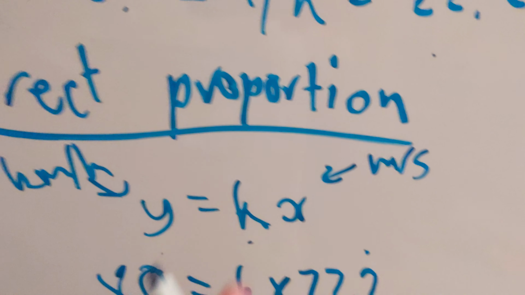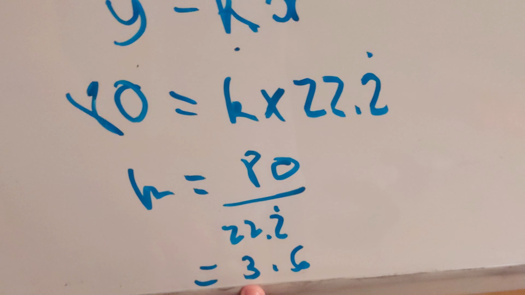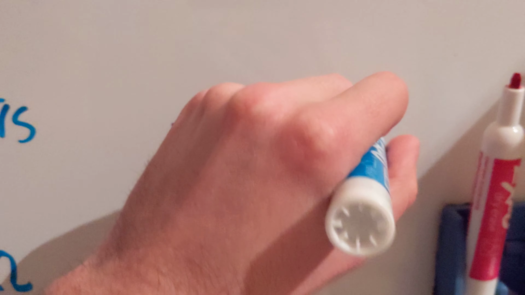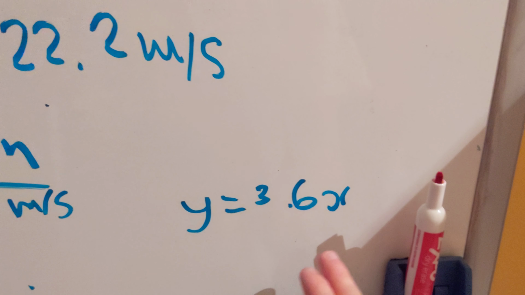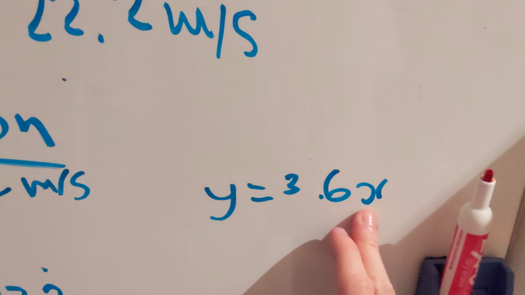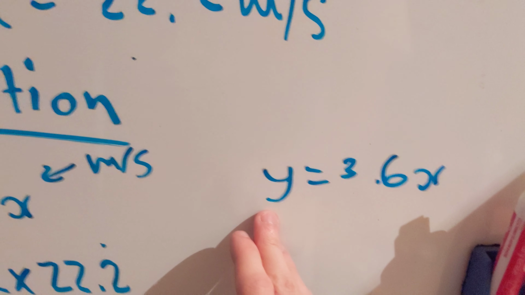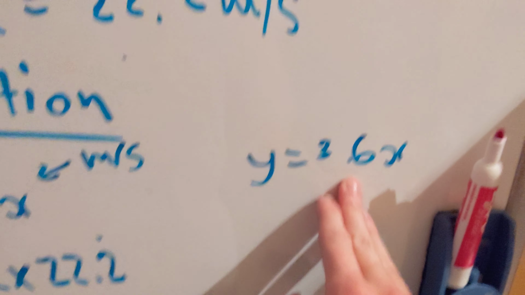And now we can rewrite this equation here without the k, because we know k is equal to 3.6. So we can rewrite it as y equals 3.6x. So what this actually means is that if I have a speed in meters per second, and I want to convert it to kilometers per hour, I need to multiply it by 3.6.